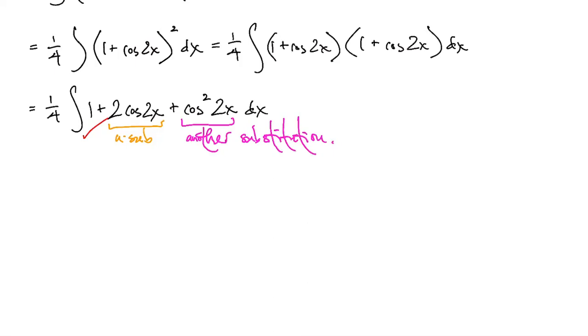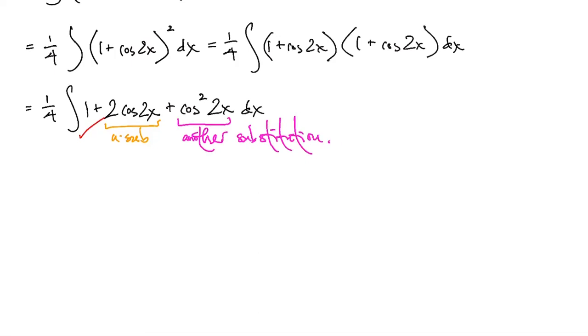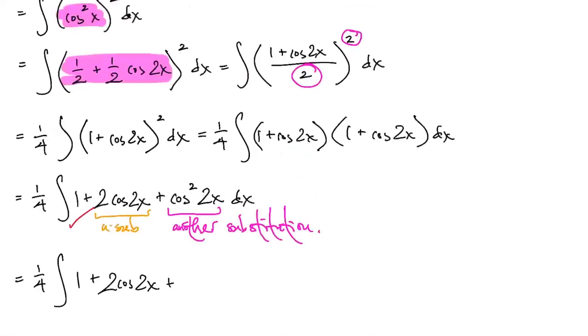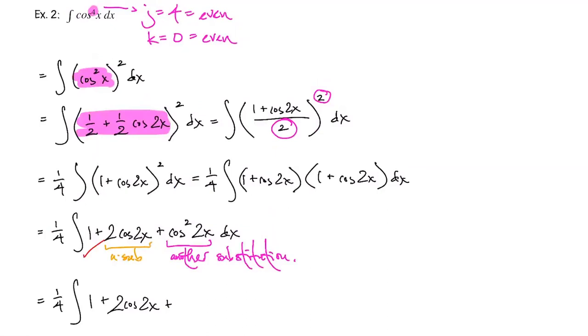What I'm going to substitute in is the double angle, or power reducing, identity. So I still have my 1 plus 2 cosine 2x plus, but instead of cosine squared 2x, we had cosine squared x equals 1 plus cosine 2x over 2.